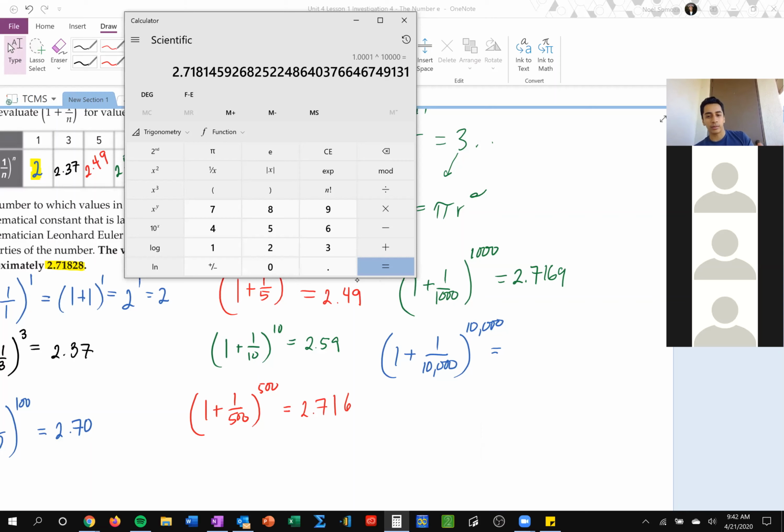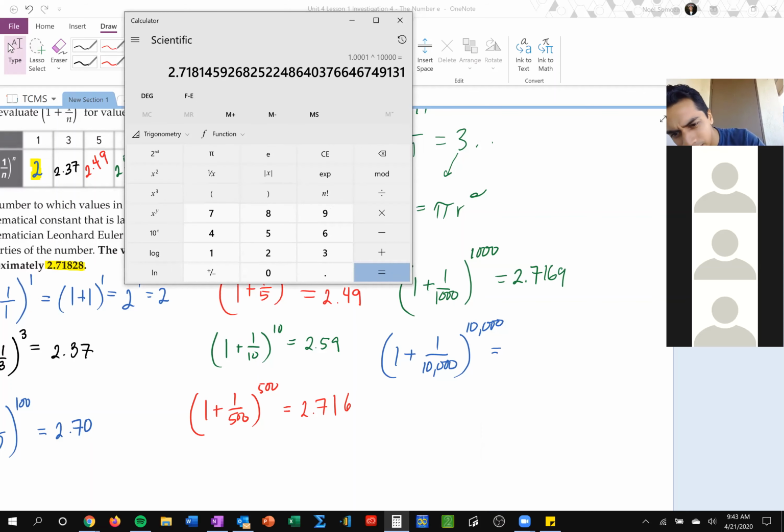You see that once we've gotten to a number as large as 10,000, we've gotten pretty close to what the E value is approximately equal to, 2.71814. Now that's not quite the 2.71828, but it's getting pretty close. So we can say now 2.71814.